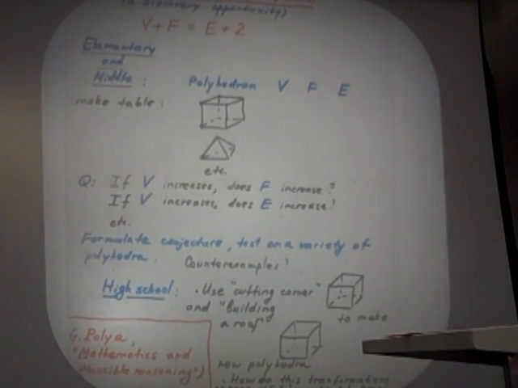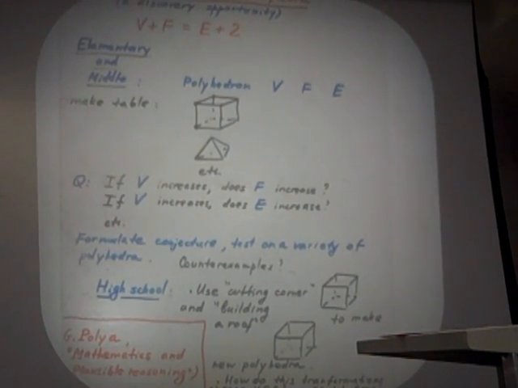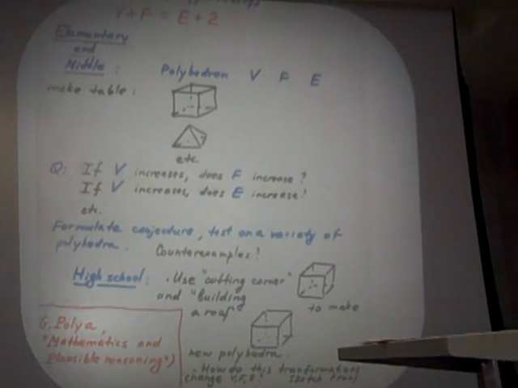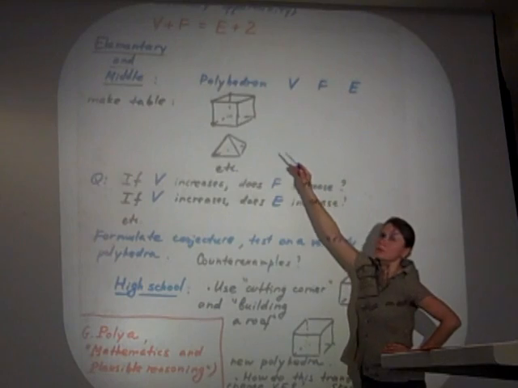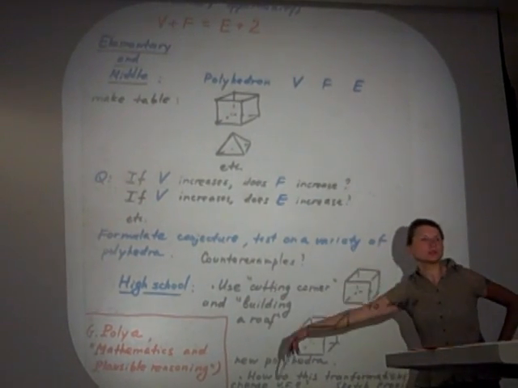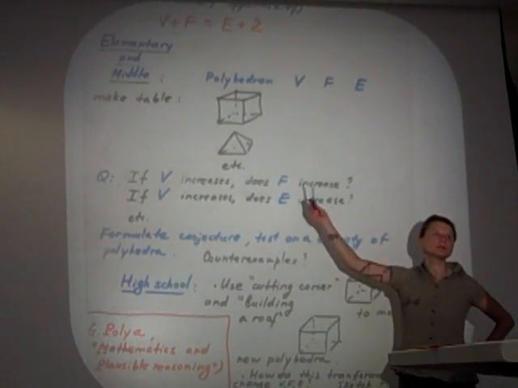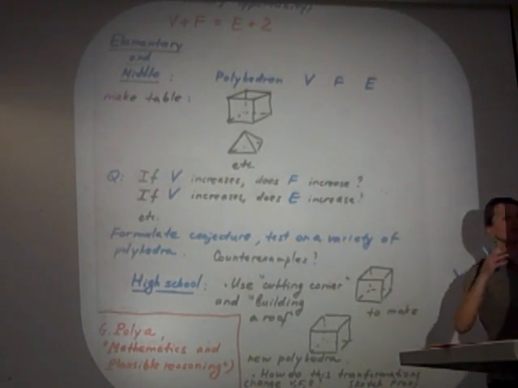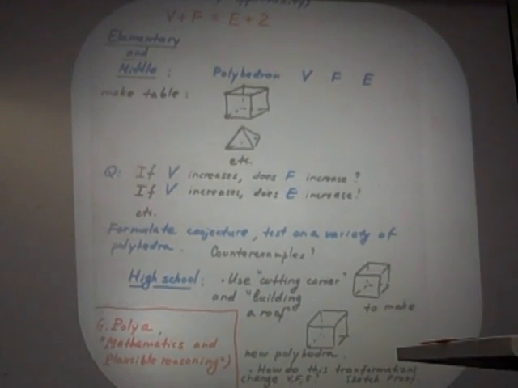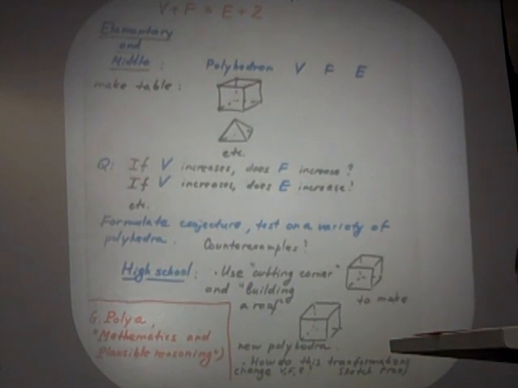So as I said, once you have your models of 3D solids, you can play with them and discover Euler's formula. This is just how I make them do the table. They have 10, 12 polyhedra in the table, with vertices, faces, and edges, and then they look at it, and it's scary, because there are no patterns that you can see right away.